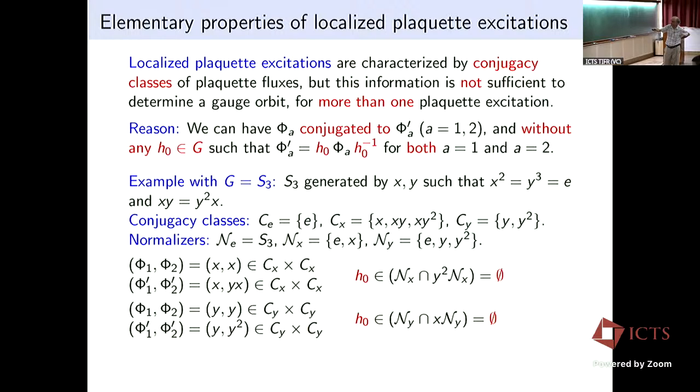YX is also in the conjugacy class of CX, but it's a very easy check to see that there's no common element that allows you to go from phi 1, phi 2 to phi prime 1, phi prime 2 by conjugating with the same element. Which means that basically phi 1, phi 2, and phi prime 1, phi prime 2 are in different gauge orbits, although they correspond to the same pair of conjugacy classes.